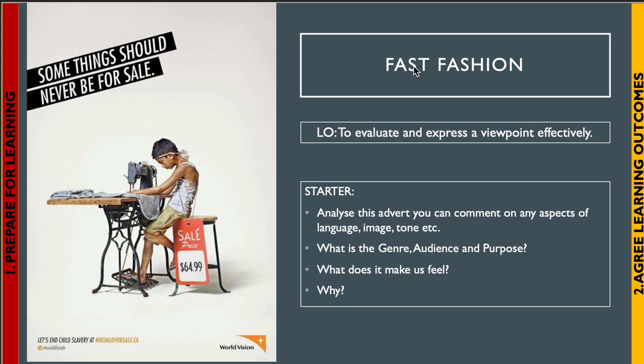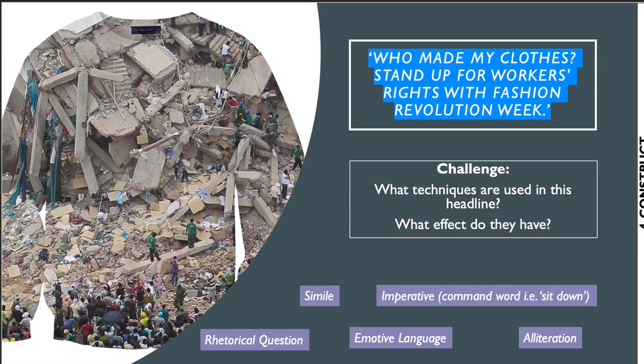So what I'd suggest you do now, once you've completed your starter, is that you pause the video and have a go at completing the watching of the videos that are linked in the playlist on fast fashion. You may wish to make some brief notes, bullet point list, on what you learn about fast fashion in those videos. Okay, so hopefully at this point you have gone away and watched the videos in the playlist. If not, go do that now, then come back to this video and replay from here.